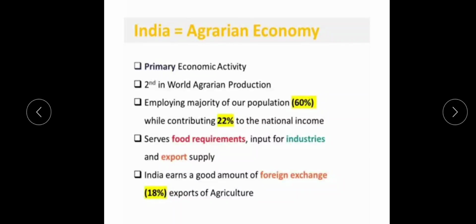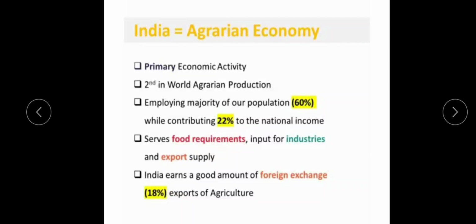Even out of total foreign exchange income, 18%, as it is shown over here, comes from exporting agricultural products.